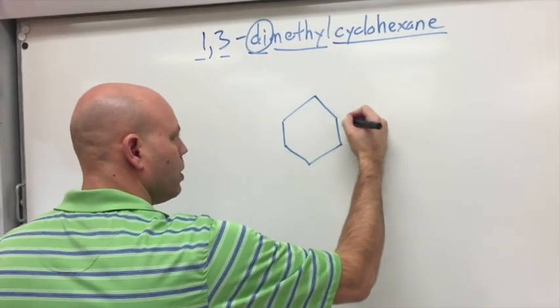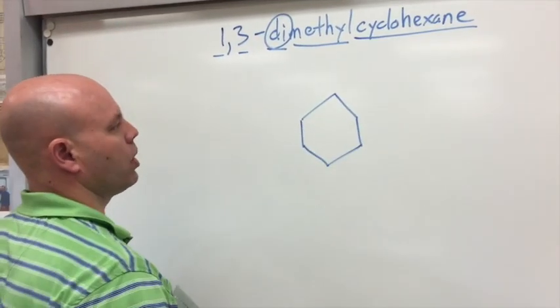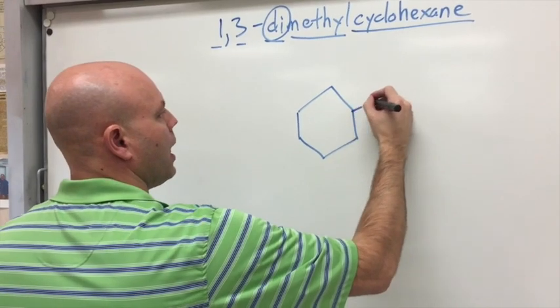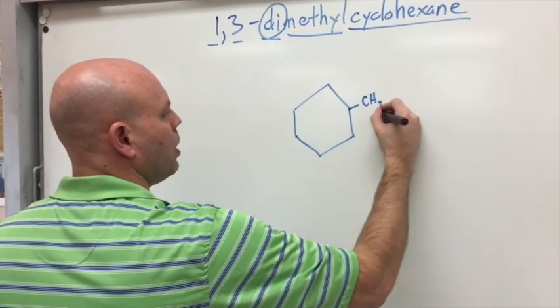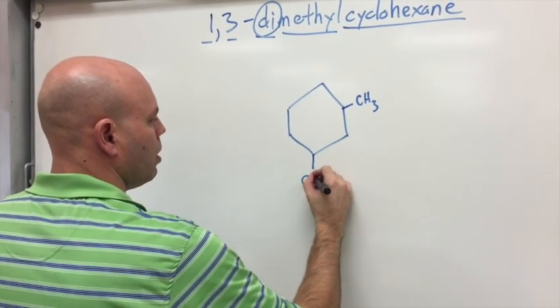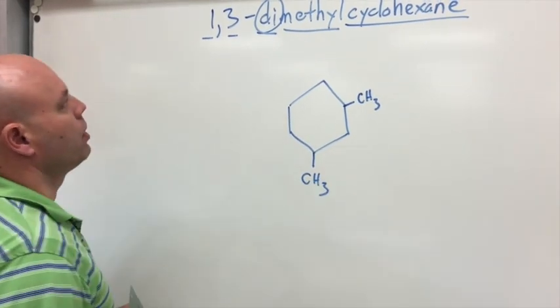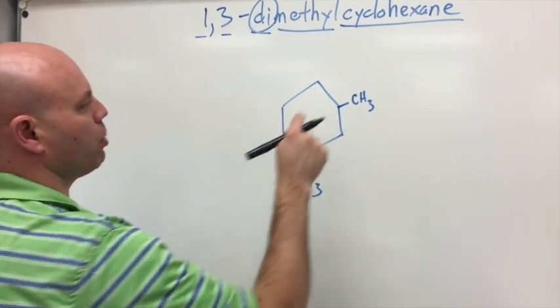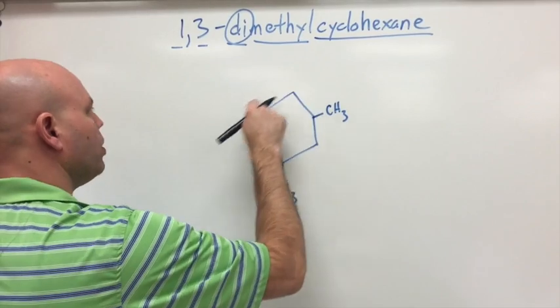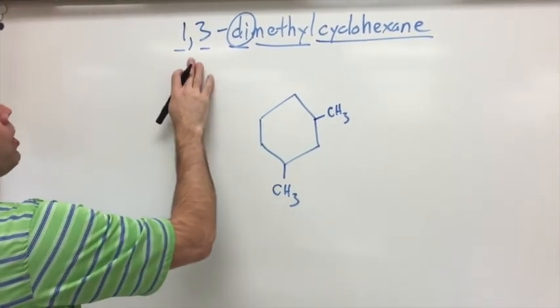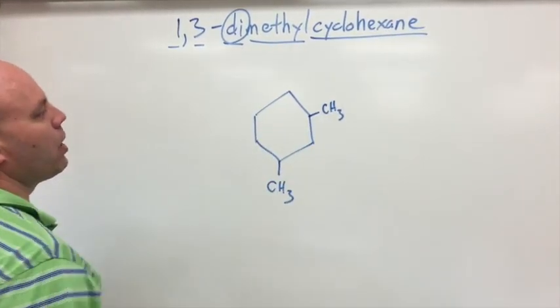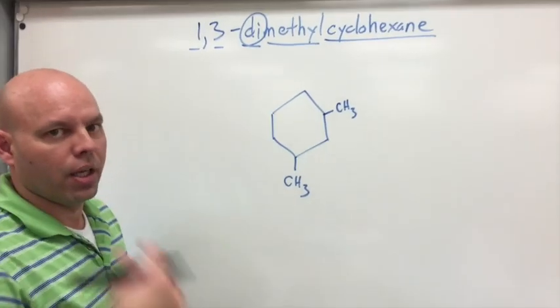We could say that's carbon 1, go around this way. So it doesn't matter. So I'm just going to say that is carbon 1, carbon 2, carbon 3. I could have put them anywhere as long as it was 1, 2, 3 or 1, 2, 3. But 1,3-dimethylcyclohexane. And there you have it.